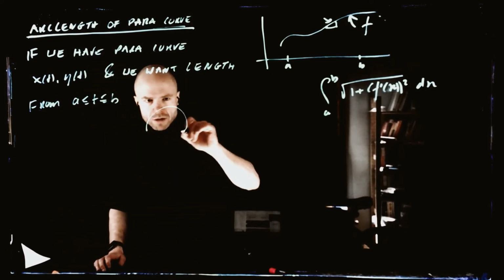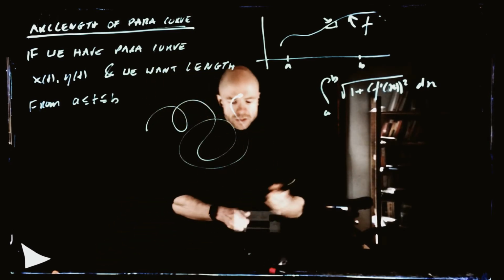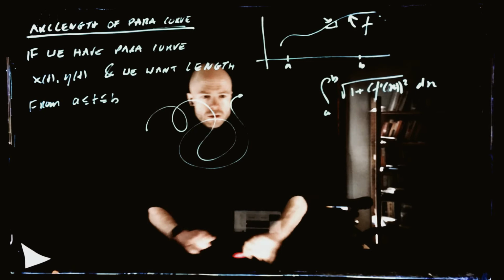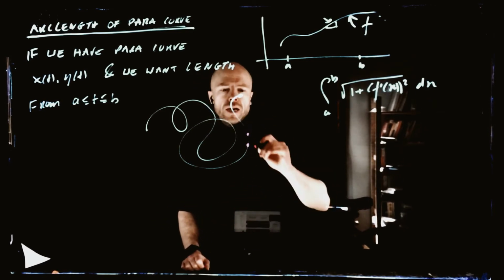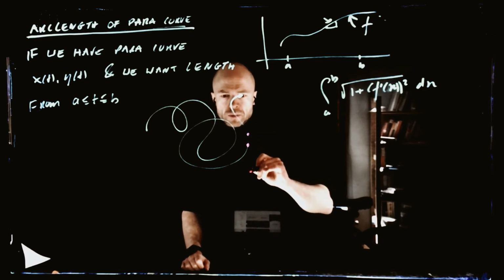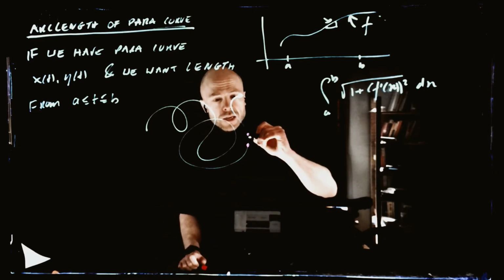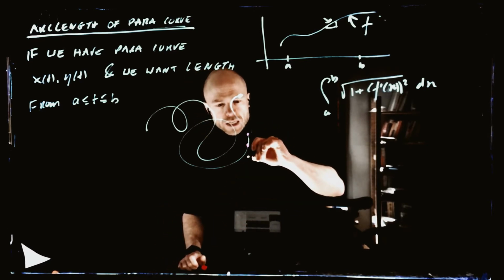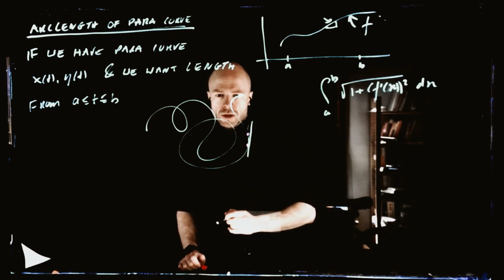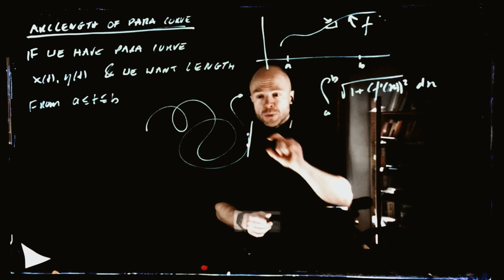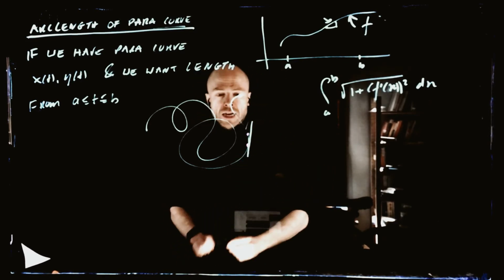So this might be what our curve looks like. But the strategy is always the same. We're going to look at some little small part of it and ask, how long is this little part? Because if we look on a very small scale, this thing is very nicely understandable because it's differentiable, so it looks an awful lot like its tangent line. And from that knowledge, we can calculate the small little bit, and then calculate for lots of small little bits and add them all together.